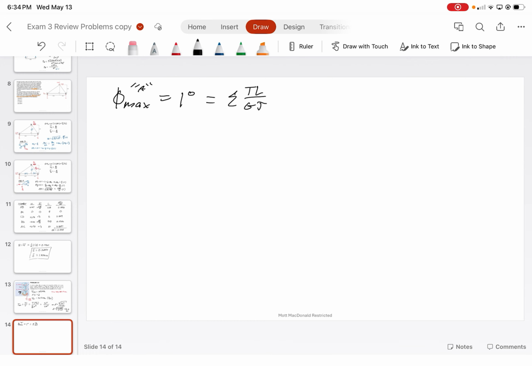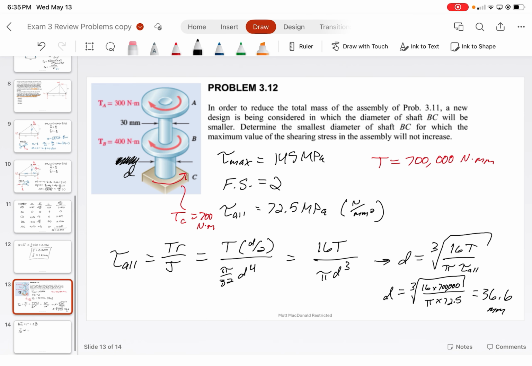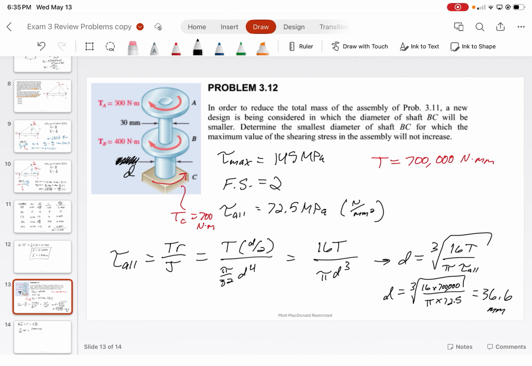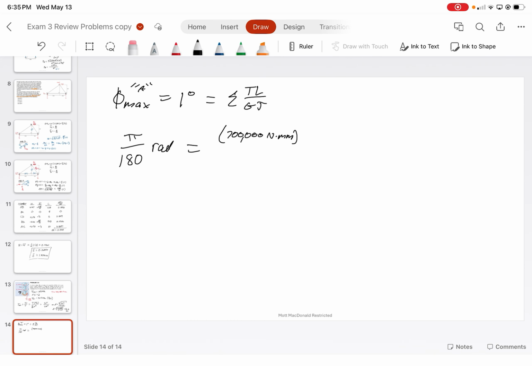All right. So 1 degree is equal to pi over 180 rad, which is equal to the torque in BC, which is 700,000 Newton millimeters. The length of rod BC would just be whatever it is.